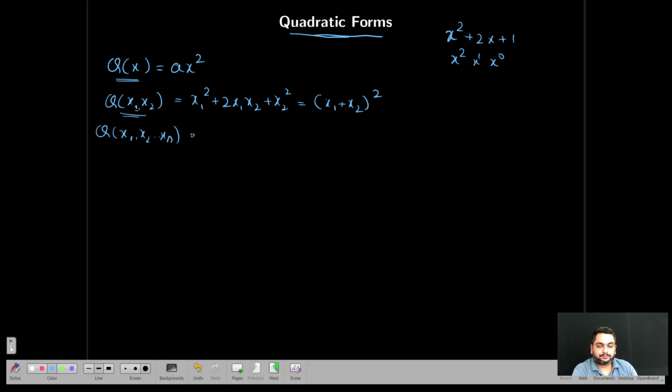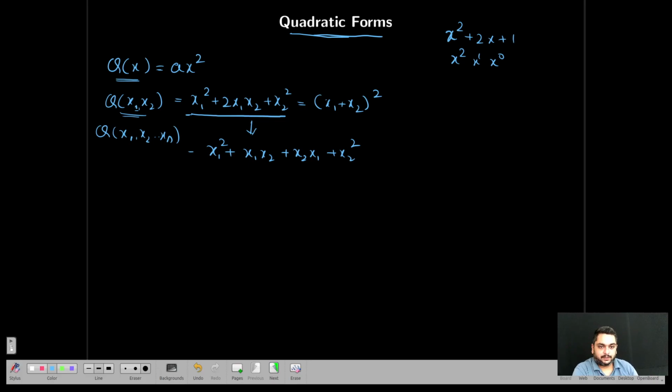Let's say we take this equation. Before I present the formal definition, let us take this example and try to understand. This one, I can write as x1 square plus x1 x2 plus x2 x1 plus x2 square. I have just expanded this. x1 x2 plus x2 x1 is the same, so it will give 2x1 x2.